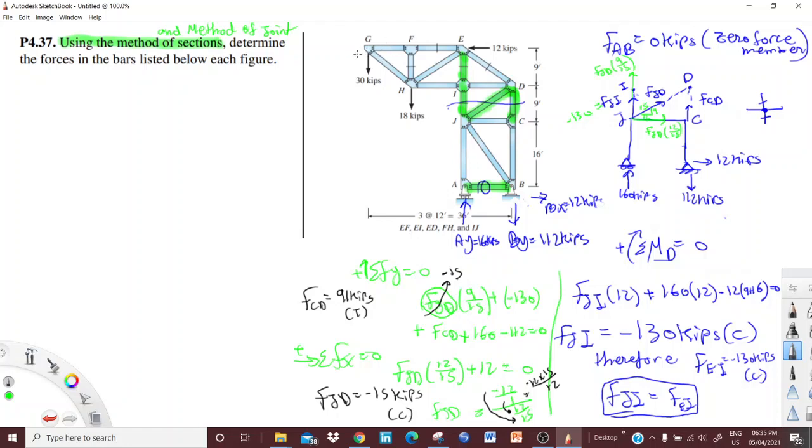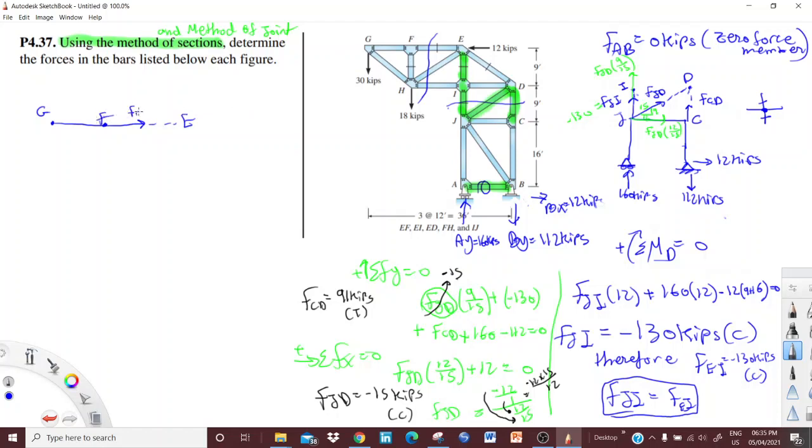It will work actually because we need to find these three members, FG, FE and so on, by using method of section. So I will do a cut over here. You have here G, and going along the way F, so it is F. Draw an imaginary line till it finishes.